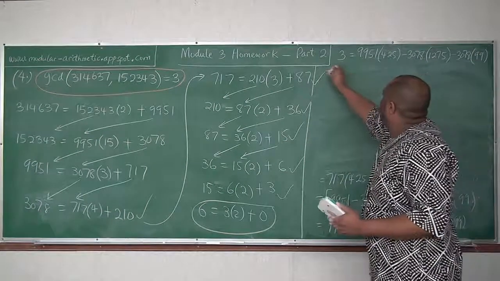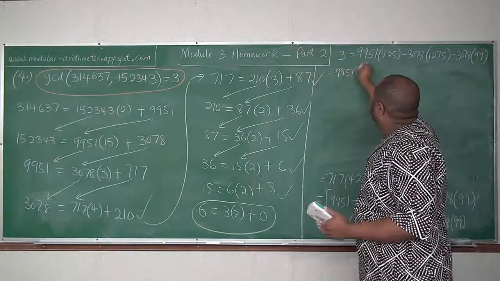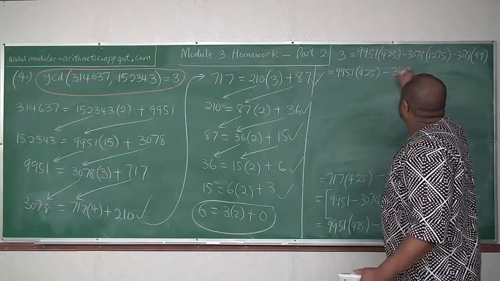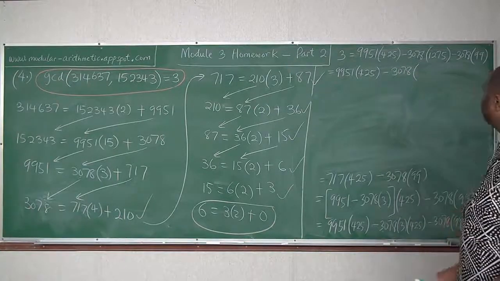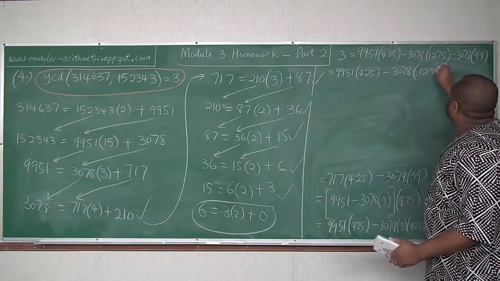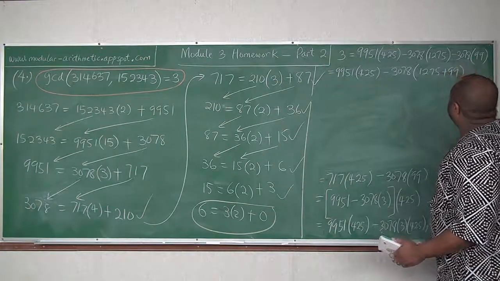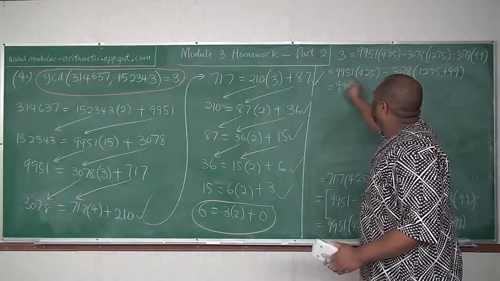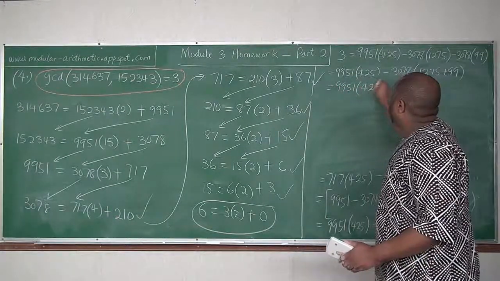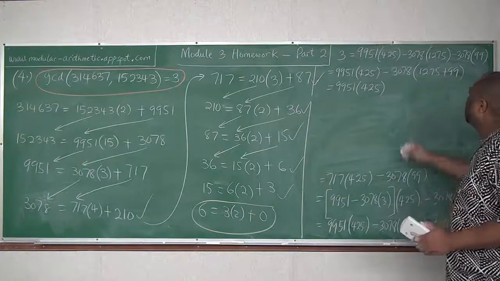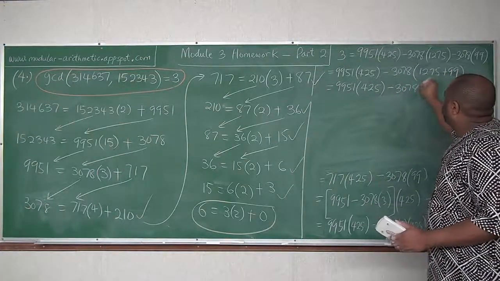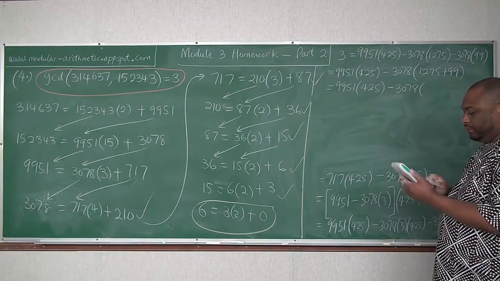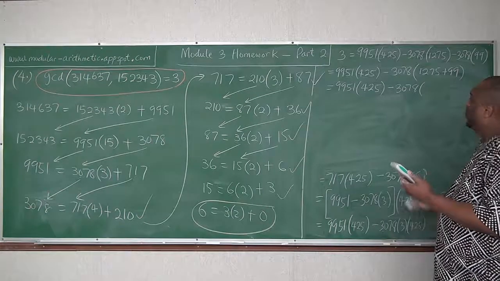So this will give us 9951 times 425 minus 3078, we factor by GCF, times (1275 plus 99), which is 1374.